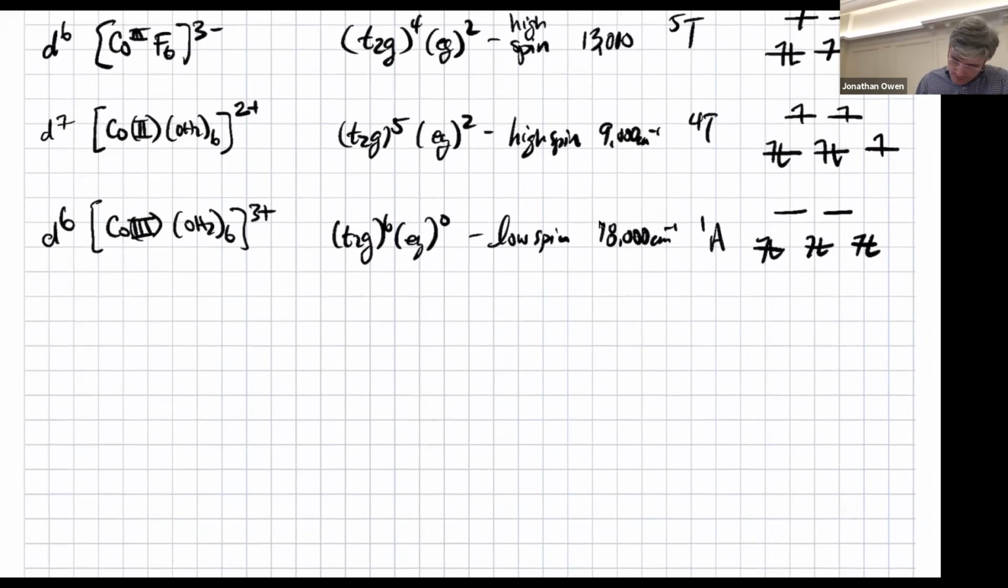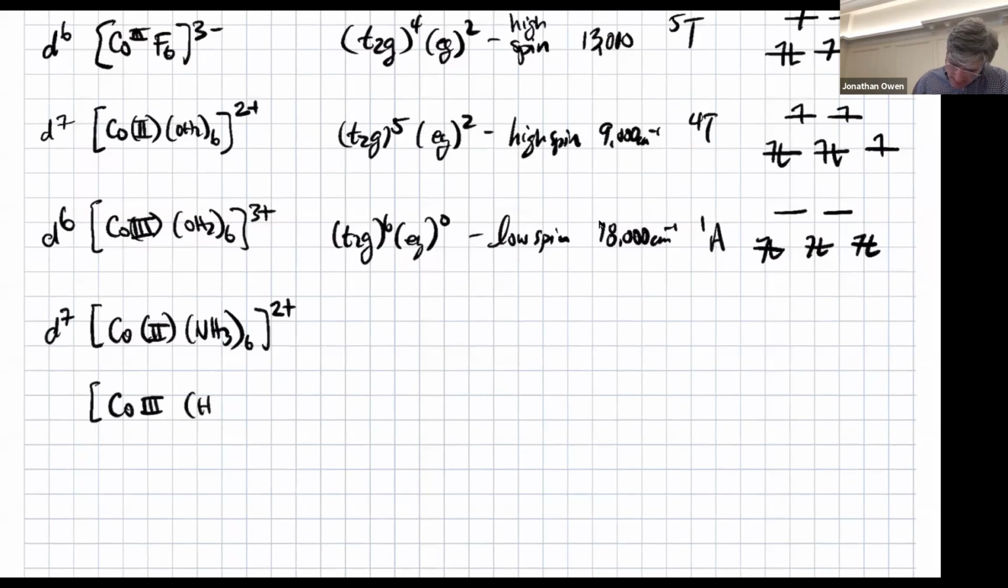All right, let's do some more. This time we're going to do cobalt-2 hexamine. Amines are neutral, so cobalt-2 is really 2+. And we're back to D7, and we're going to compare this cobalt-2 with a cobalt-3 hexamine.